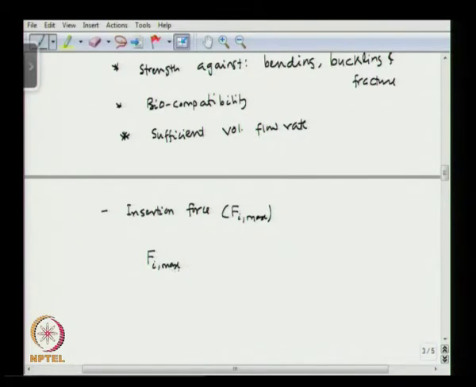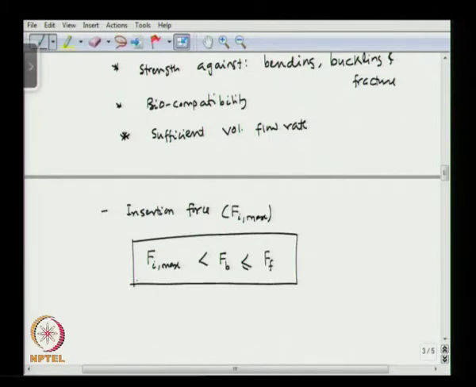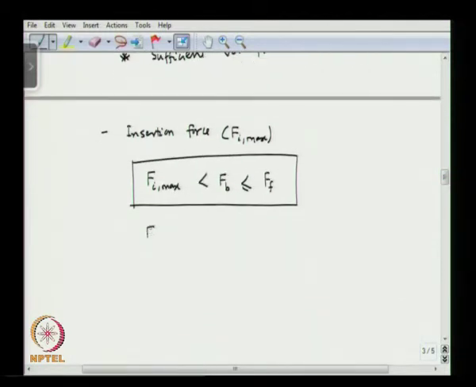So, the maximum insertion force should be less than the buckling force, and less than the fracture force. And the ratio of the fracture force to the insertion force is known as the margin of safety.